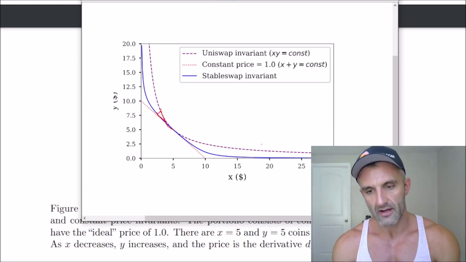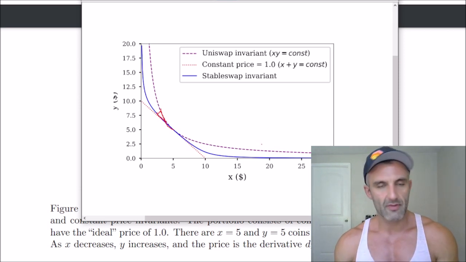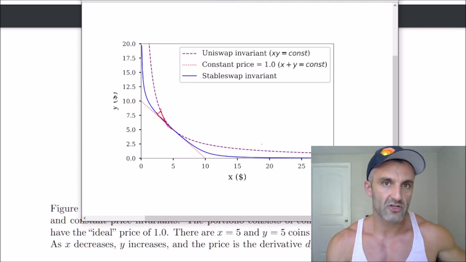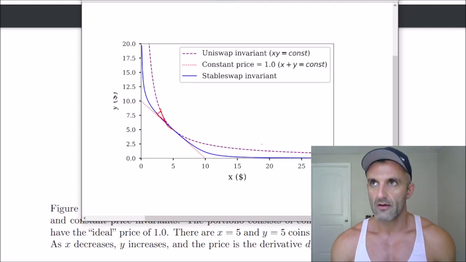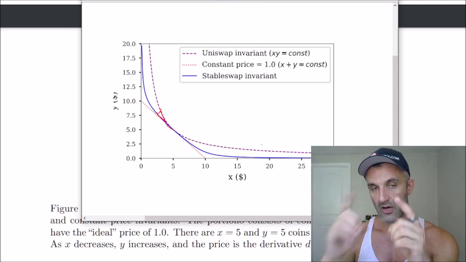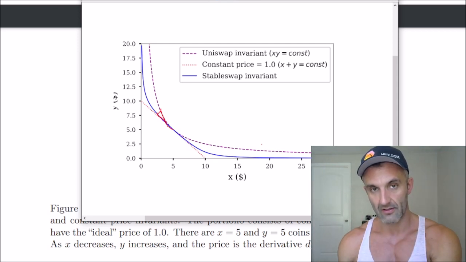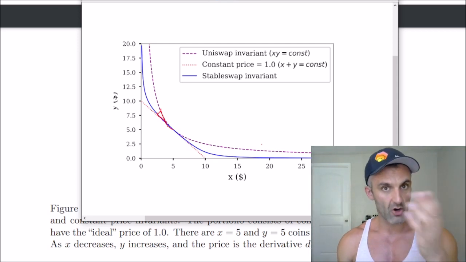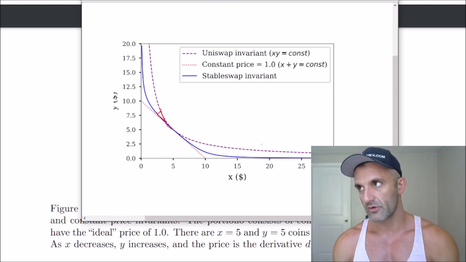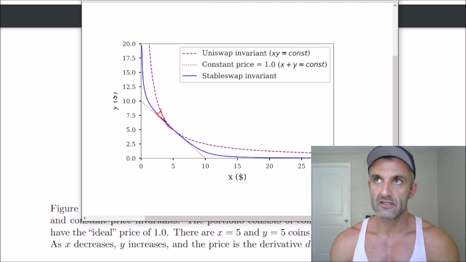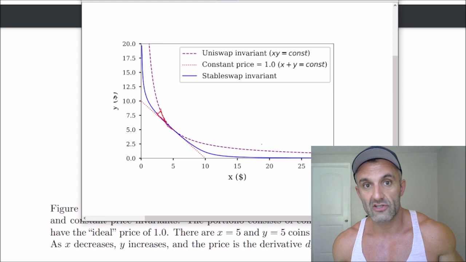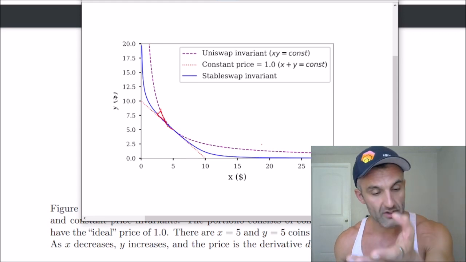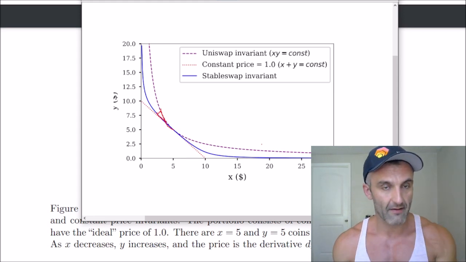If somebody has a trade, they have a large amount of USDC that they're going to change into DAI. They're pegged one-to-one to the dollar. So that means they should always trade it one for one. Well, say somebody has $10 million, $20 million that they want to trade from USDC to DAI.